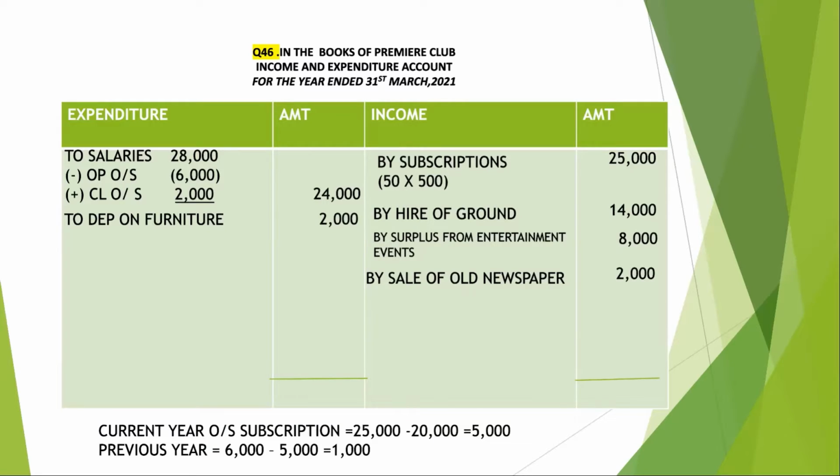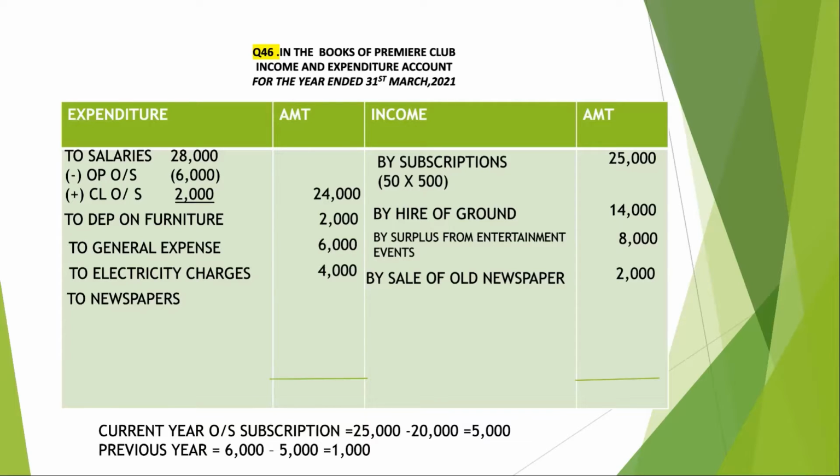Now moving to our payment side, which will reflect expenditure. Salary we have already adjusted. So the next is general expenses amounting to rupees 6,000. Electricity charges amounting to rupees 4,000. Newspaper amounting to rupees 8,000. Books are given in between, that is, additional purchase of books.